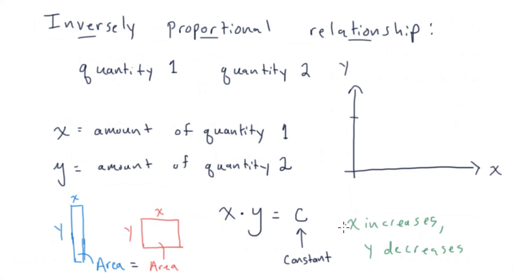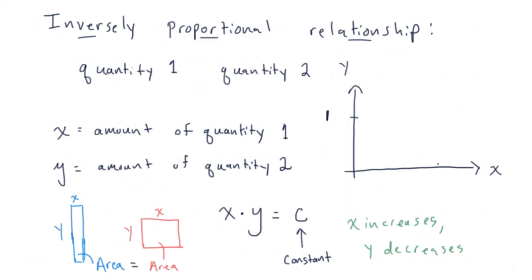So if we plot a couple points, well, let's say this is 1, okay, then what is x going to be? Well, it's going to be equal to c. Okay, so here's this point right here.